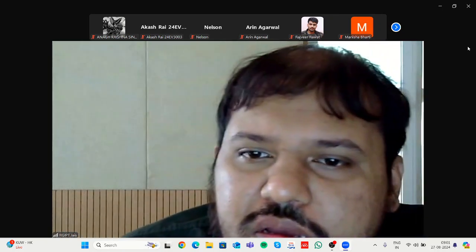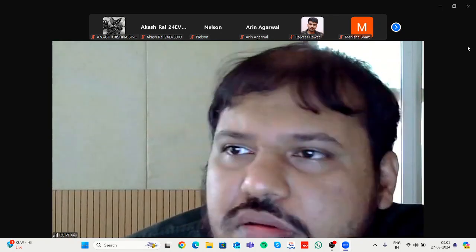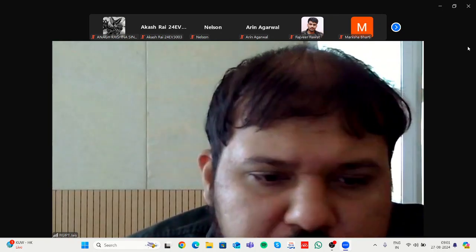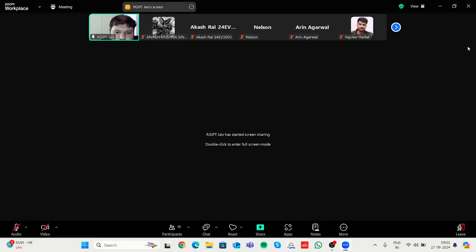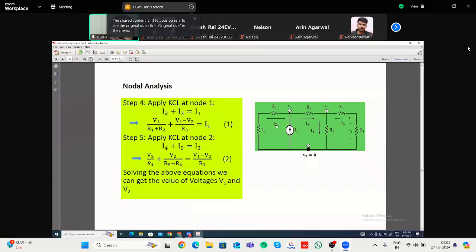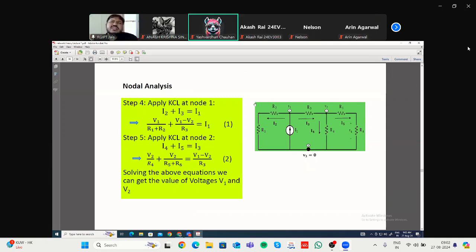Okay. Like for example, this one where these two resistors are there. Okay, this is also a node because it is an interconnection of two elements, but you can consider it as a node and write the KCL equations, but it will increase the number of equations.